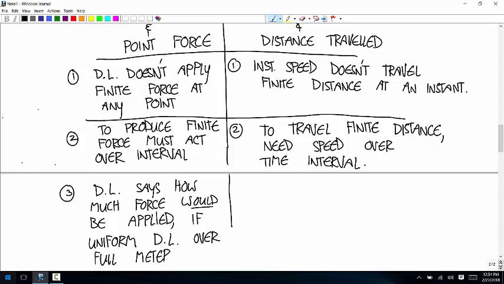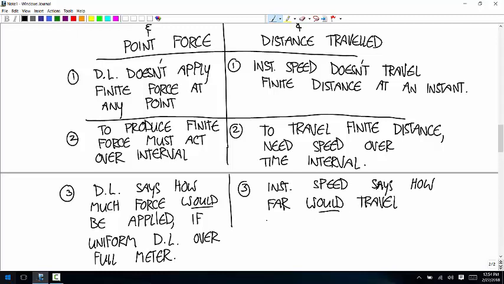And you can think of that as exactly the same idea as the instantaneous speed says how far you would travel if you held that uniform speed over a full second or whatever unit.